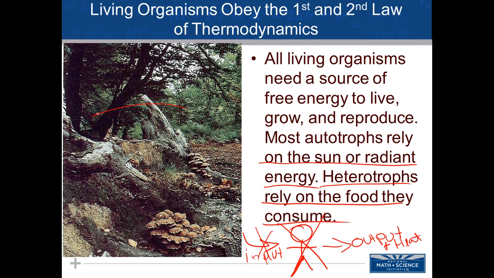Here is a tree that has fallen and it's dead, and you can see the increase in the disorganization of that tree. The decomposers are actually using the chemical energy that's left over in the tissues for their own growth and reproduction.